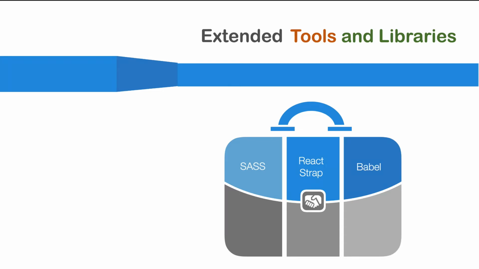We have Babel for extended JavaScript functionality. We have DevTools for monitoring the different states of the application. We also have the React Router to manage the component-to-component and page-to-page movement. And we also use several other components in the application.